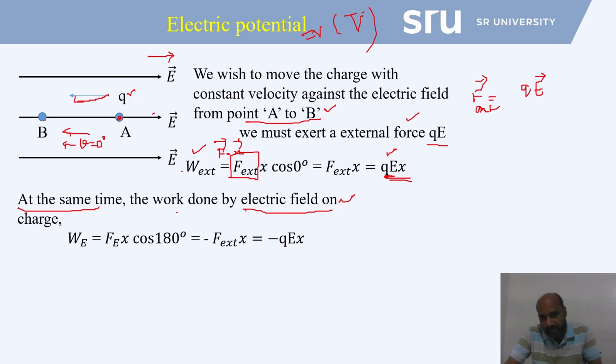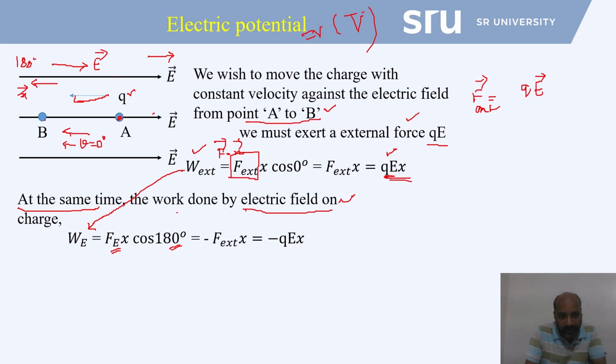If you do the same calculation in terms of the electric field, the work done by the electric field is the same equation, F dot X, but here the force is the force due to the electric field. So F_E x cos 180 degrees. Here it is 180 degrees because the electric field is in the positive x direction, but the displacement is in the negative x direction, so both are separated by 180 degrees.